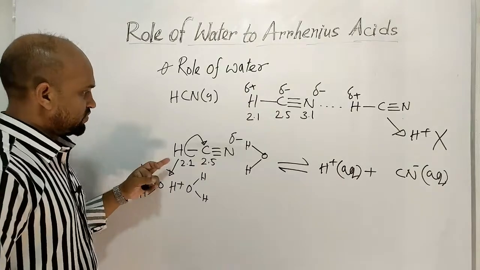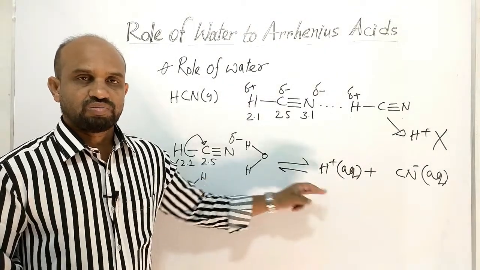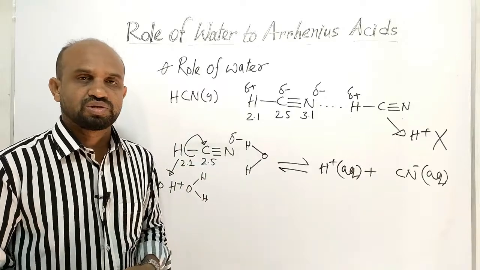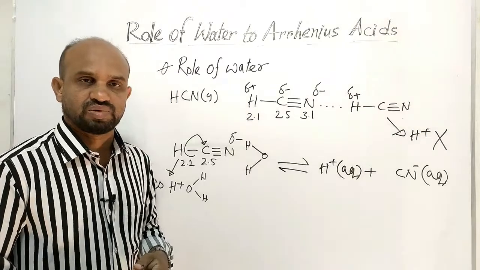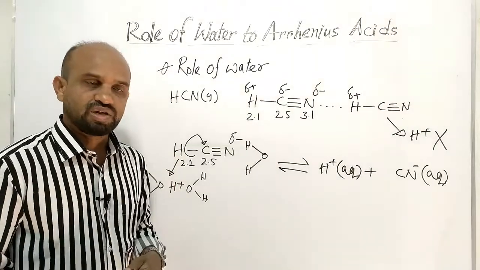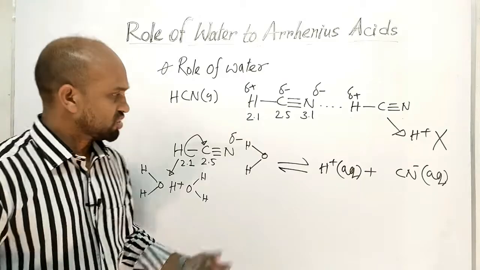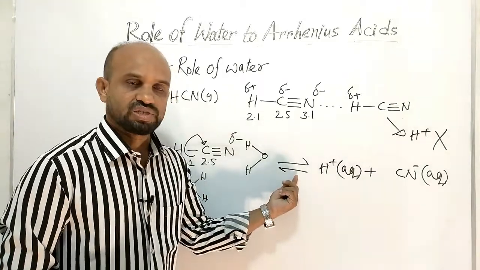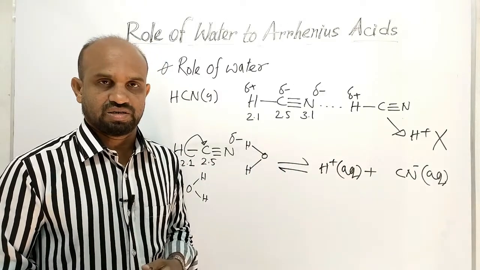So in this way hydrogen cyanide produces protons in water, but it can produce protons very less amount, because here electronegativity difference is very low, polarity is very low, water cannot attack very easily. That is why equilibrium sign is used, because of its low acidity.